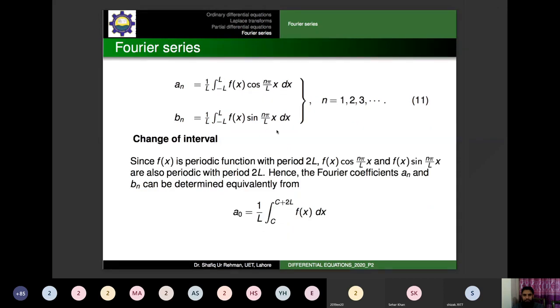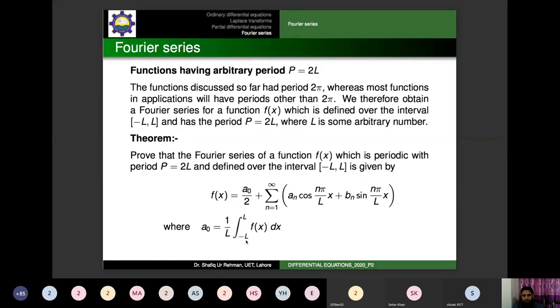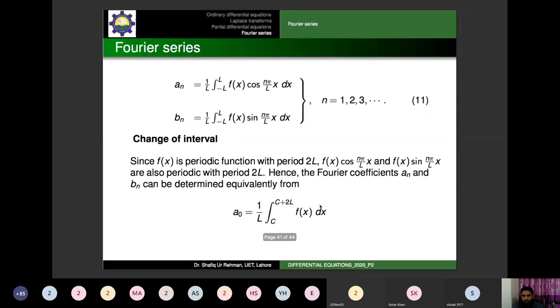You need to calculate f of x, an, and bn, and plug them in so that you can have a Fourier series. So the formulas are there. L is equal to 1. First of all, replace the value of L as 1 everywhere in the formula.